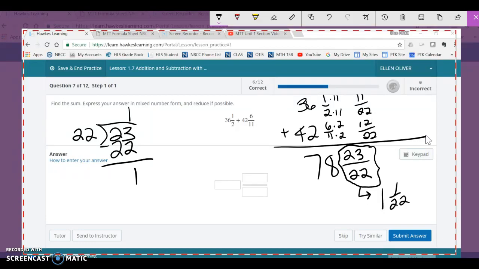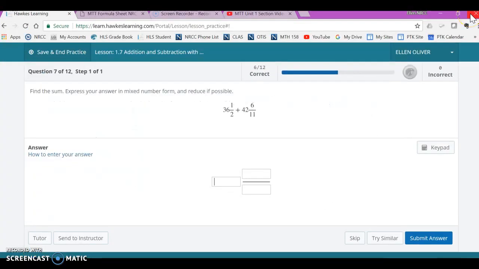So that's what that part is equivalent to, but you still have that 78. So you've got to add that 78 and that 1 to get 79 and 1/22. Hopefully that makes sense. 79 and 1/22.